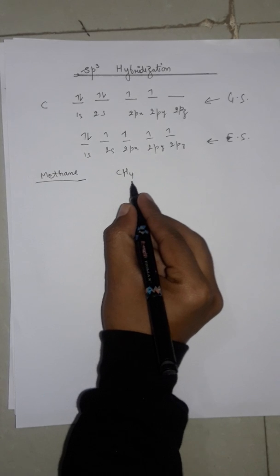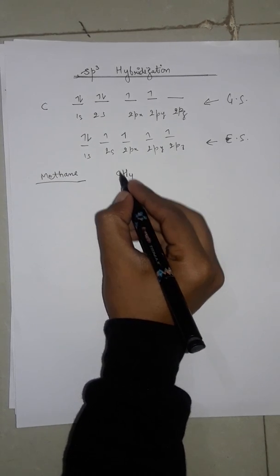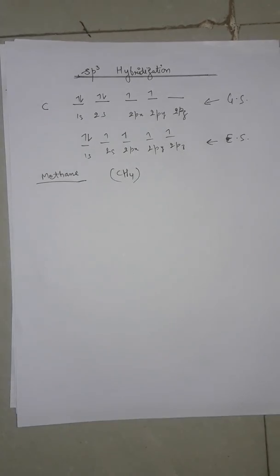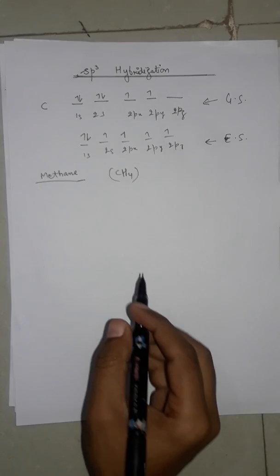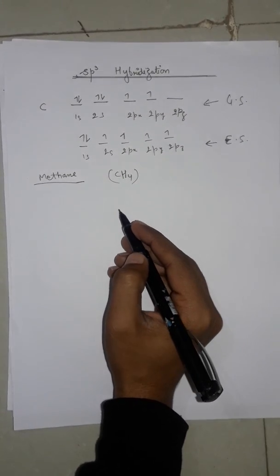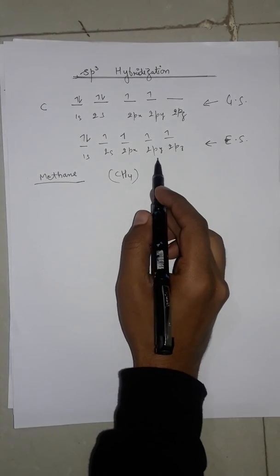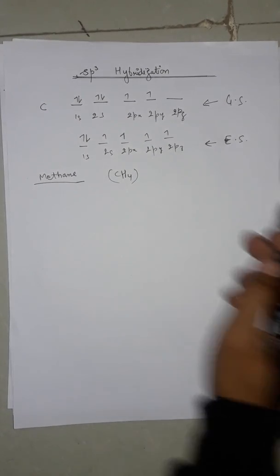One is carbon atom, hydrogen atoms are 4. So this is the formula for methane. See, here bond making of carbon has involved 2s, 2px, 2py and 2pz.